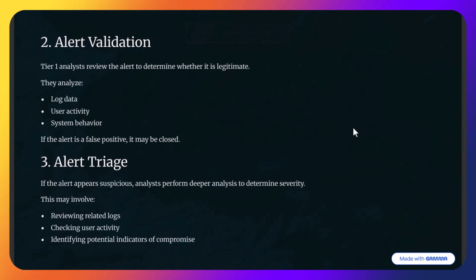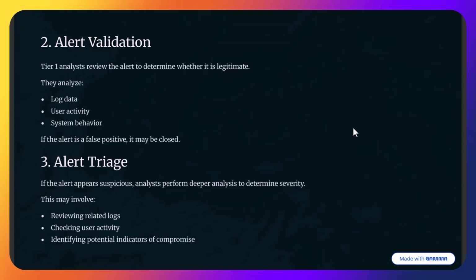Two, alert validation. Once an alert is generated, it moves to the next stage called alert validation. At this stage, Tier 1 SOC analysts review the alert to determine whether the alert is legitimate or not.